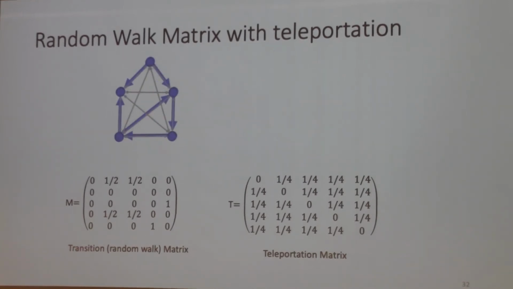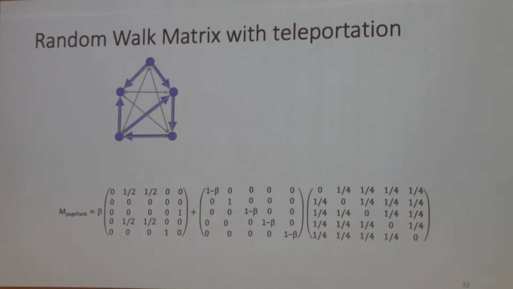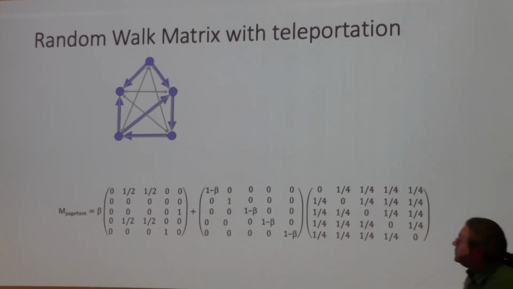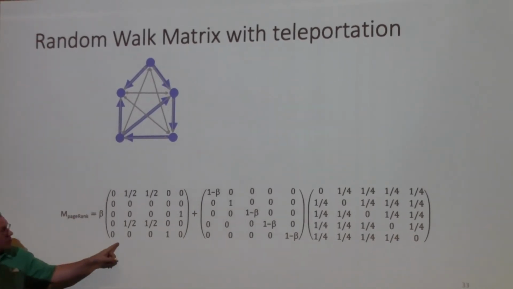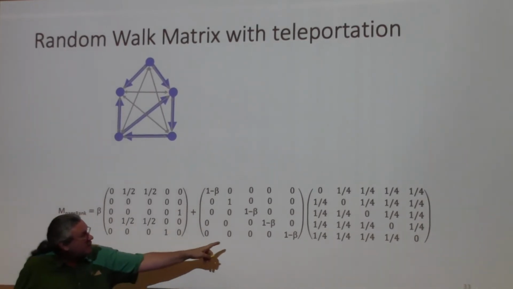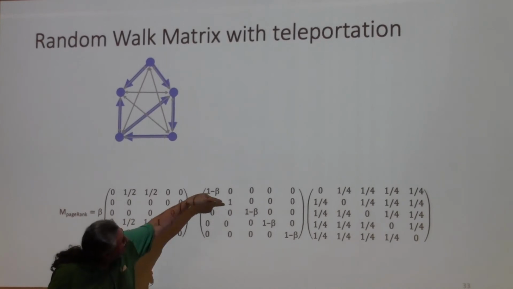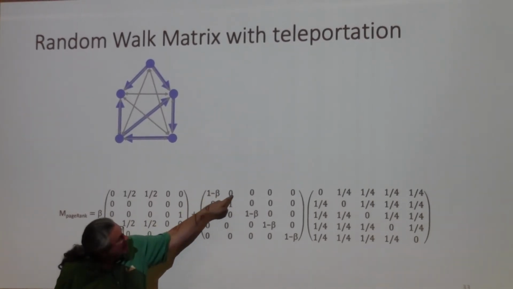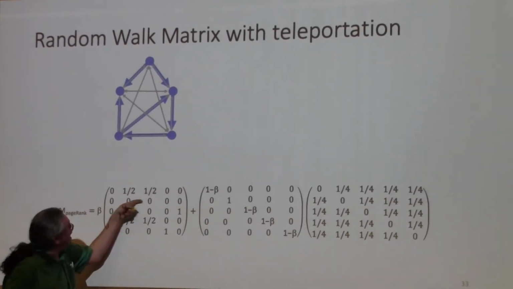So, boom, bring them together. This one is multiplied by beta, and this one is multiplied by 1 minus beta. So that gives us this, the PageRank matrix. It's not just this one. It's this one times beta plus this one times 1 minus beta, except we have to be careful when there's a dead end. When there's a dead end, it's actually 1 here, because there's no way out.